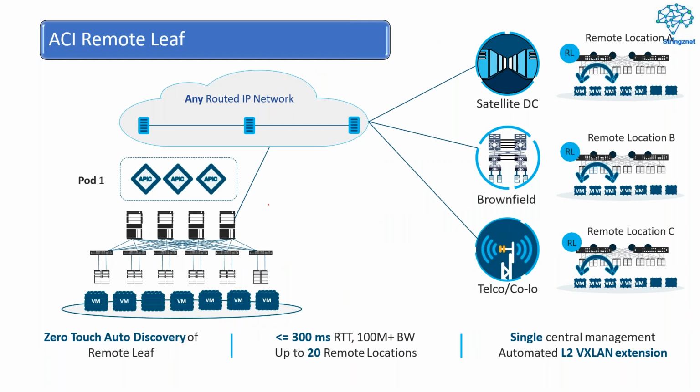There will be a concept of remote leaf, the lab of which we have not included. Remote leaf is a concept wherein our leaf switches are not locally available, but these leaf switches need to participate inside the ACI fabric.